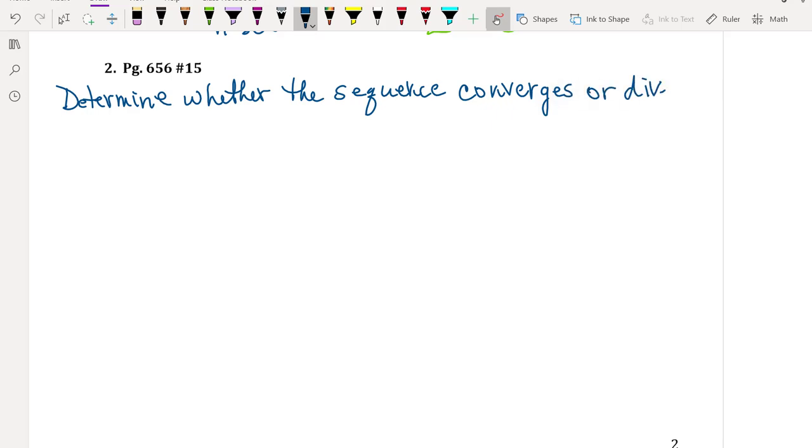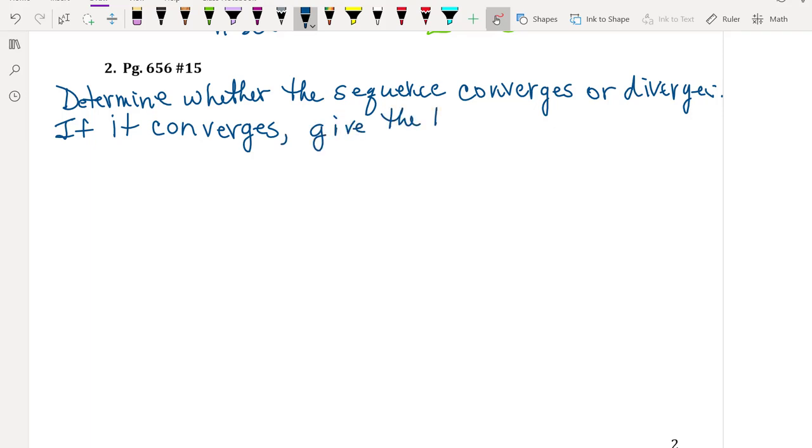And give its limit. And this time they give us an explicitly defined function, not function, sequence. So we have 3n minus 1 over 2 minus 3n.